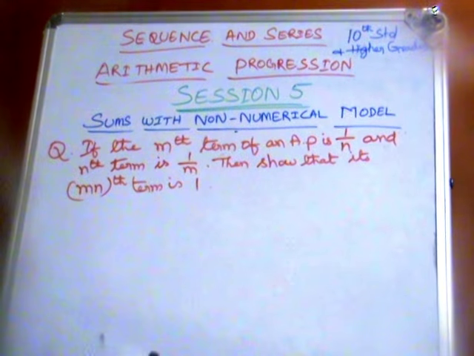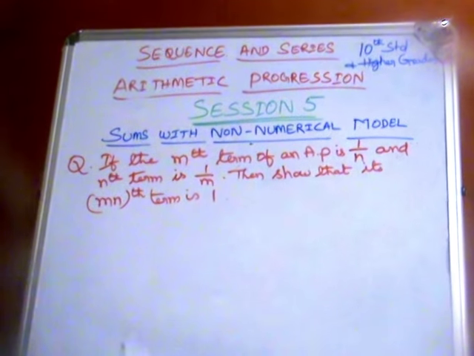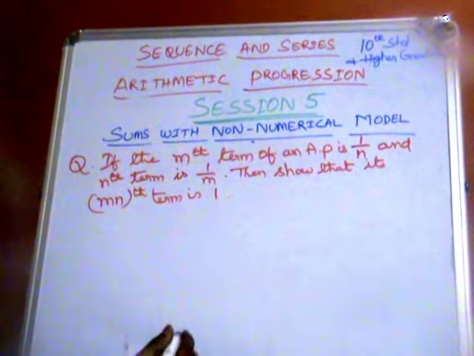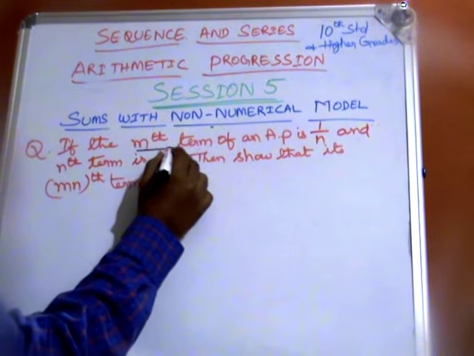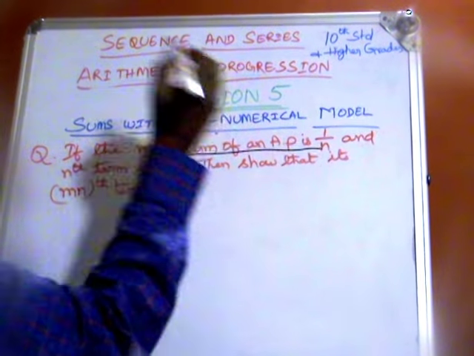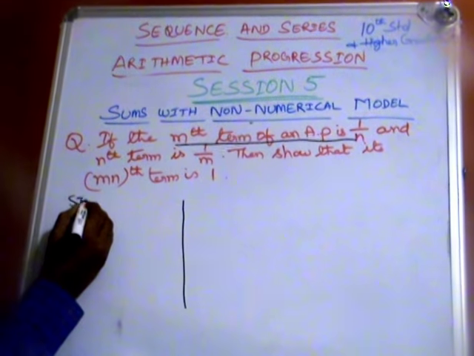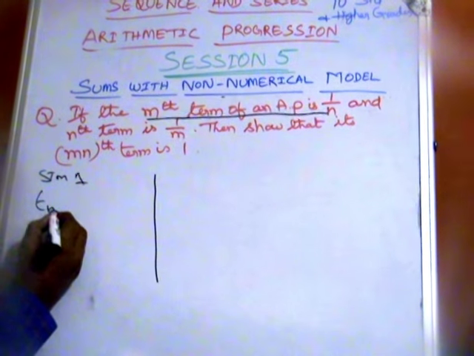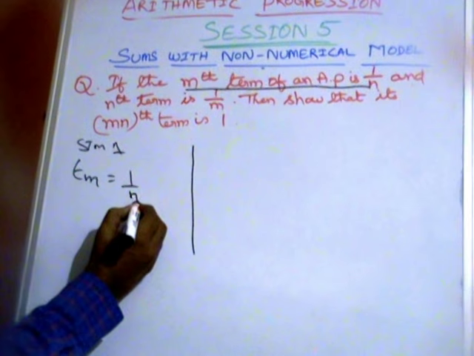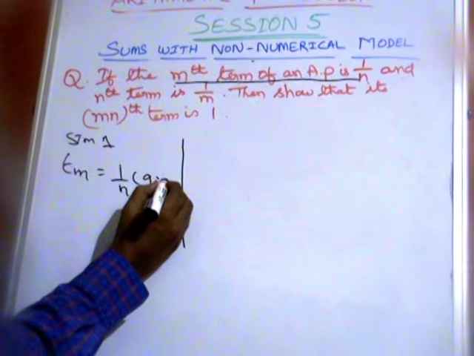Now we are dealing with non-numerical models like nth term. Now look here, this is statement 1. Nth term of an AP is 1 by n. Statement 1. So mth term means Tm is equal to 1 by n given.